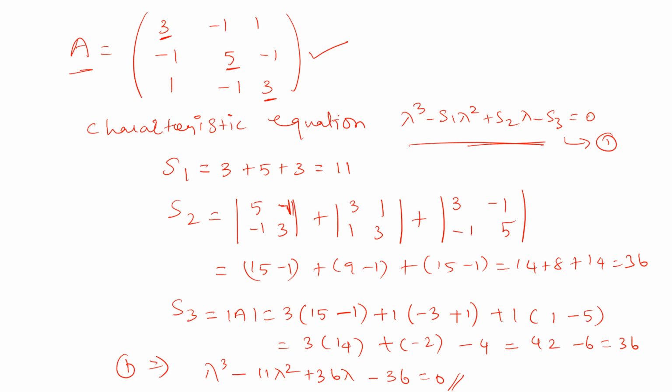Okay. So we have the characteristic equation lambda cube minus 11 lambda square plus 36 lambda minus 36 is equal to 0. By synthetic division you should find at least one value, or you can use a scientific calculator to find the eigenvalues of a matrix.